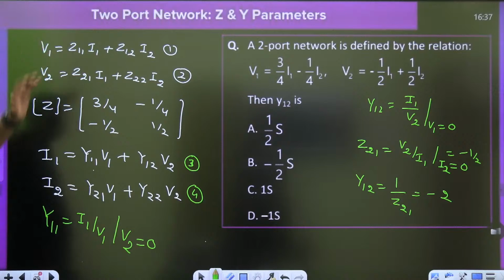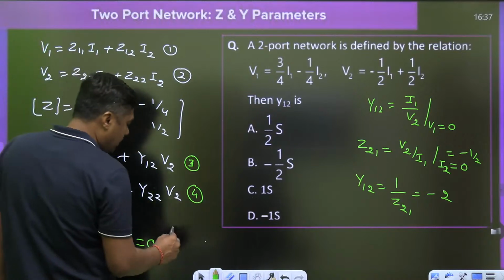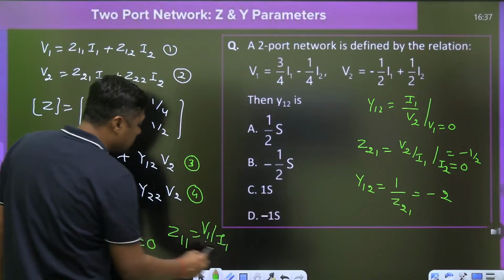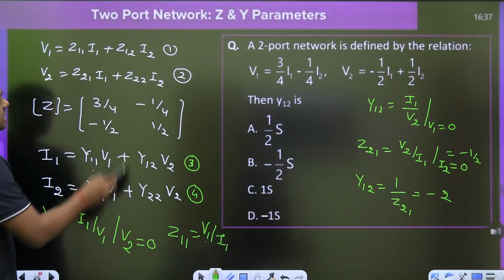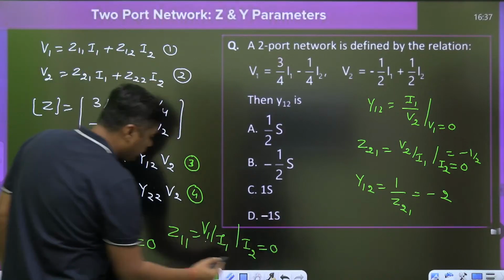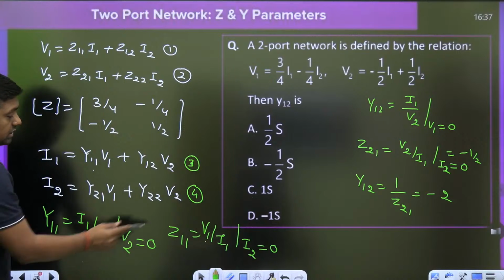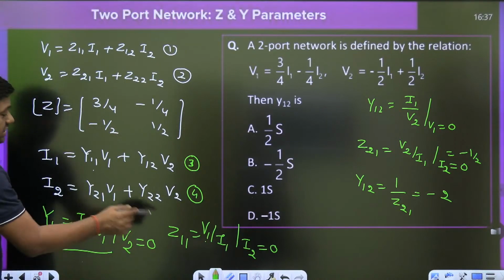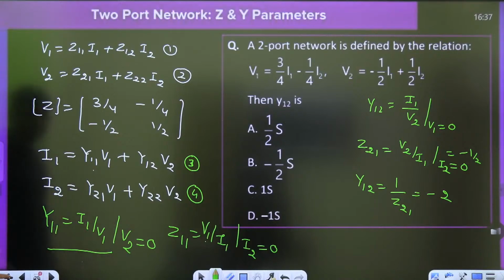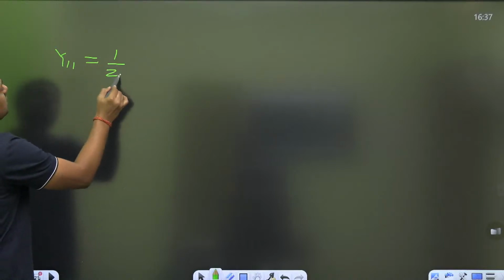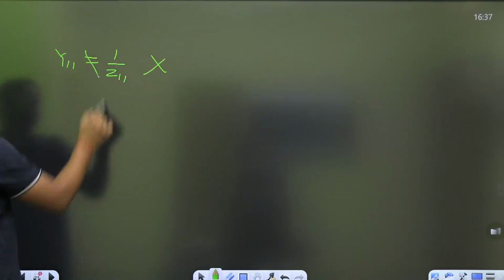But when we find z11, it is V1 upon I1 with I2 equal to 0. In one case we make the output short circuit, in the other case open circuit. So this is the short circuit parameter and that is the open circuit parameter. That's why writing y11 is equal to 1 by z11 is wrong, because the condition is different.